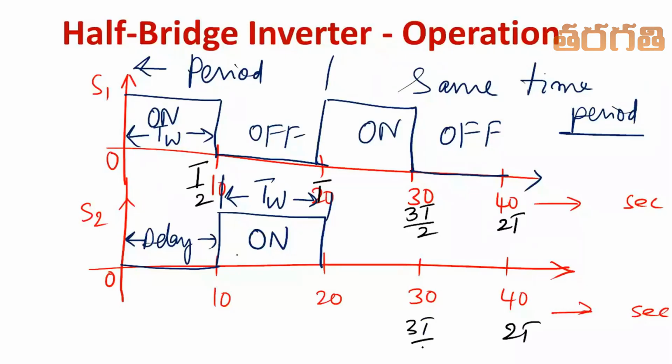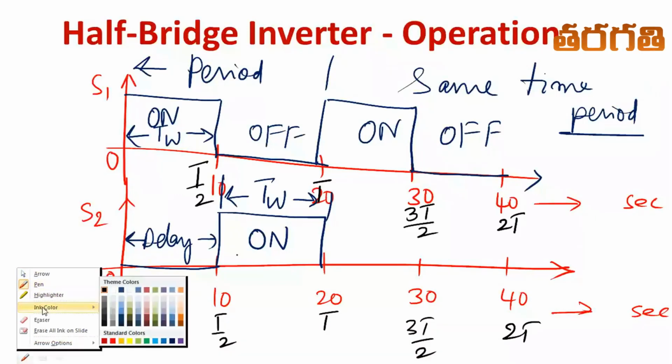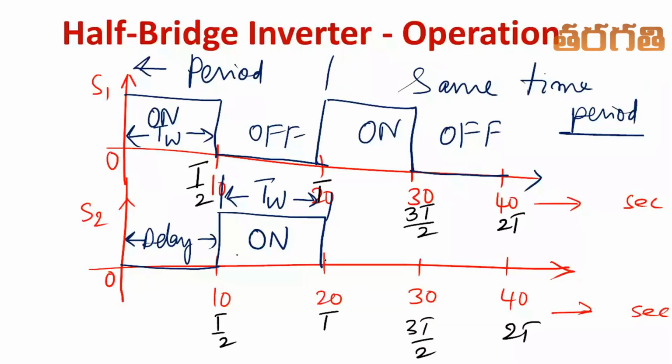So 2T, 3T by 2, T by 2. The pulses that are applied to S2 will be like this. This is the conceptual point of view that you should never forget.